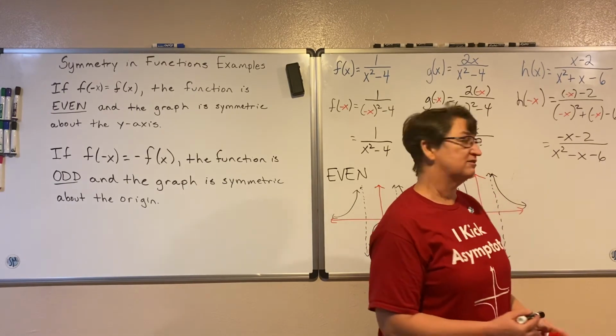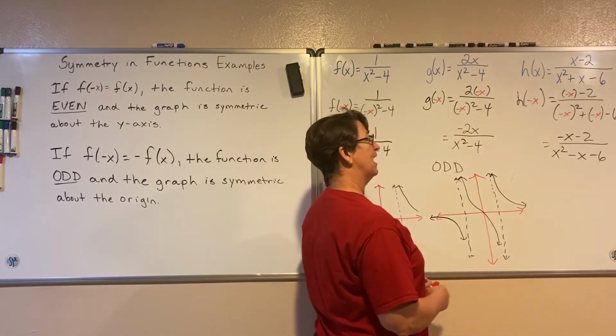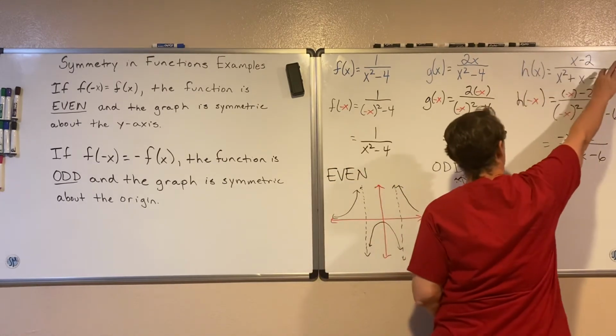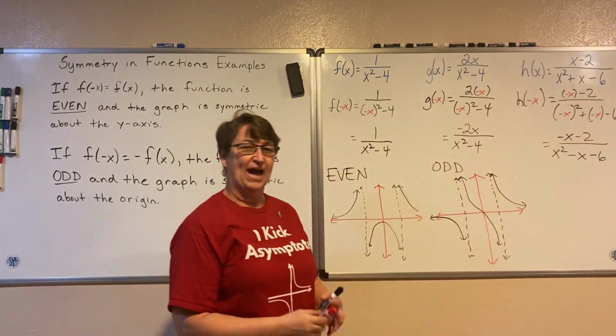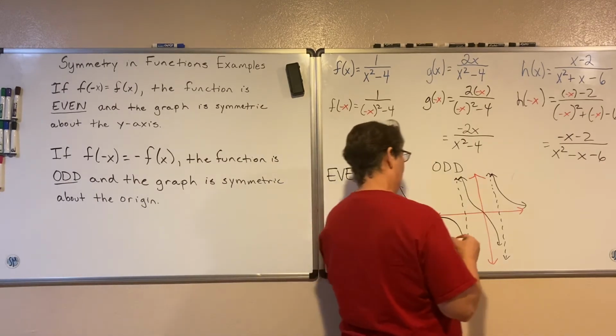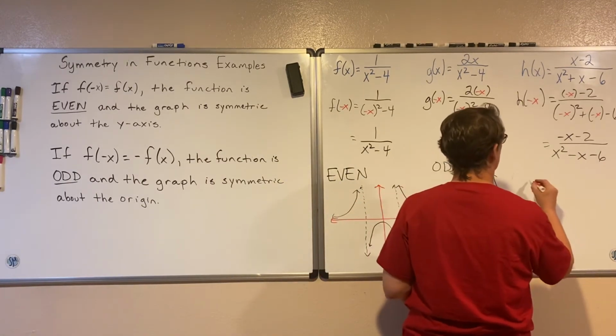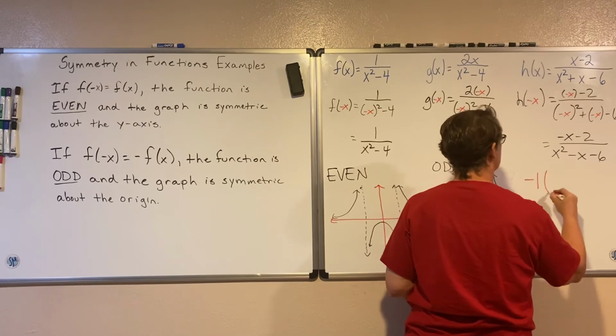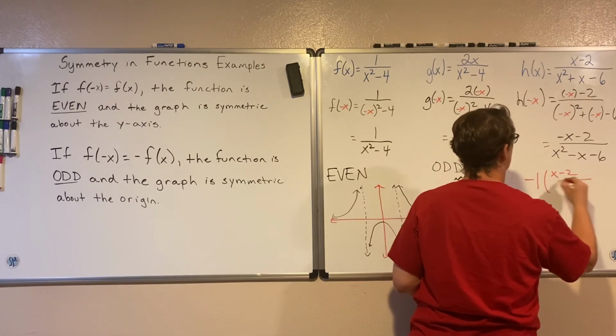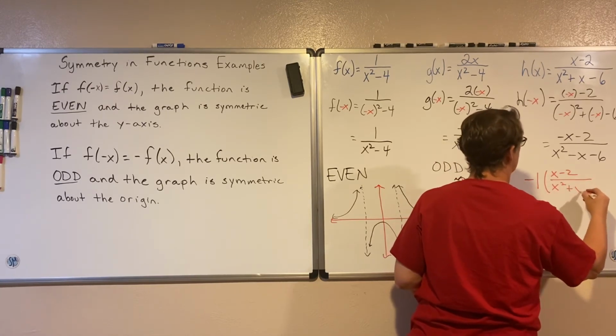So then I'm going to look to see if it's odd. Well, if it's odd, that means that if I multiply this function by a negative 1, I would end up with that. Let's test it. Let's take our h and multiply it by a negative 1. So I'm going to do a negative 1 times that original function and just see what I get.